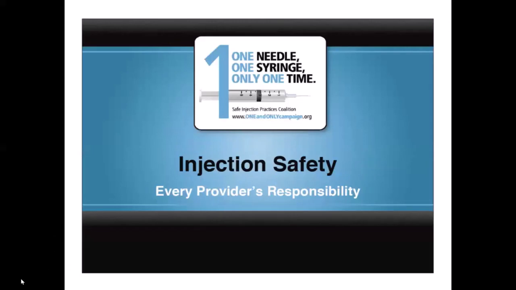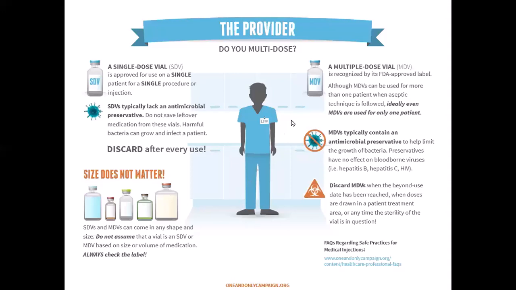For injection safety, it's important to maintain aseptic technique. One important step is that if the vial is defined as single-use, it should be used once only because there is no preservative.